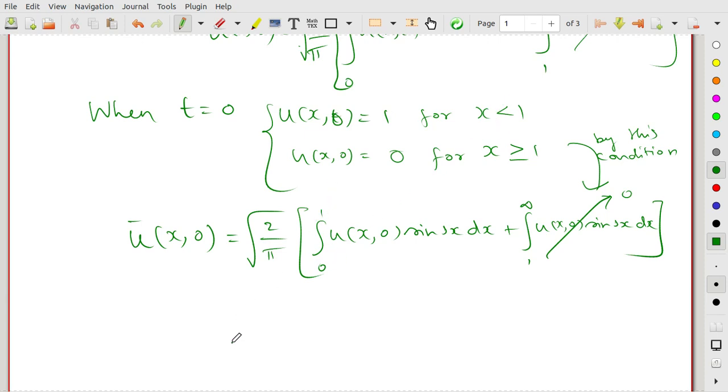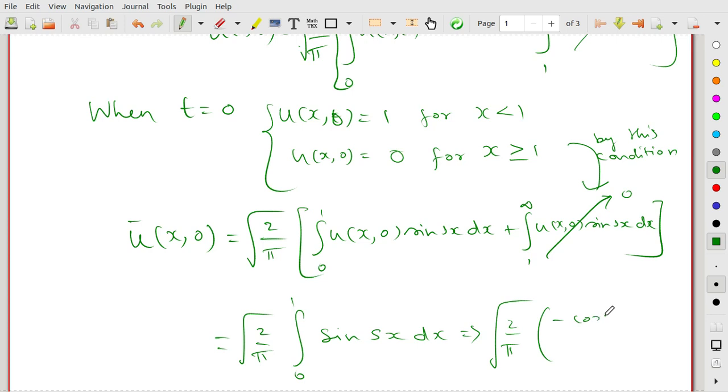Therefore we have root 2 by pi integral 0 to 1, and instead of u of x comma 0 let me write 1. Therefore we have sine sx dx, and root 2 by pi. The integral of sine sx is minus cos sx by s, from 0 to 1.